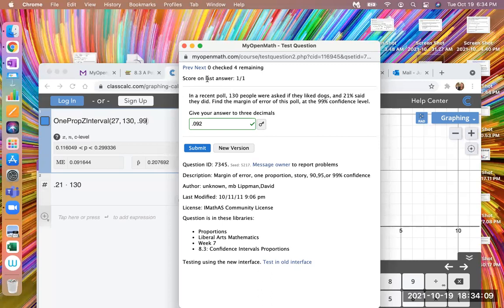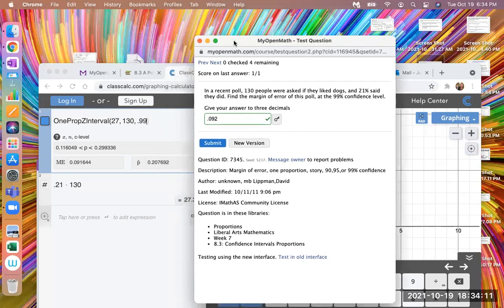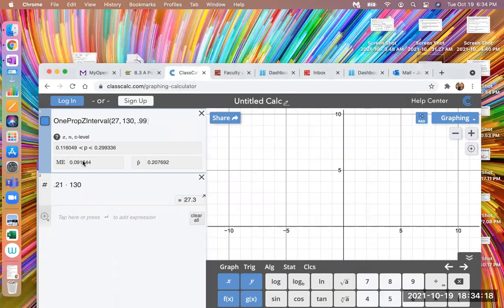Yeah, just let me know if you have any more questions. This is great to use Class Calculator because they actually calculate the margin of error along with the confidence interval for you. Now, I will say if you're using the TI-84 calculator, there is a little trick that you can use to get the margin of error, even though they don't usually provide it on the TI-84.